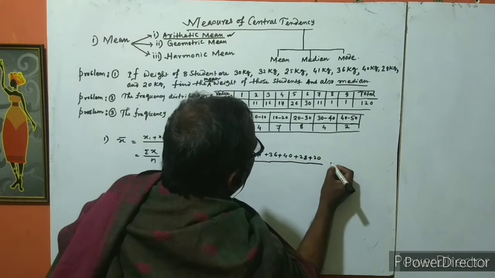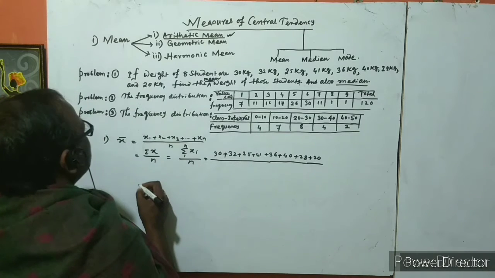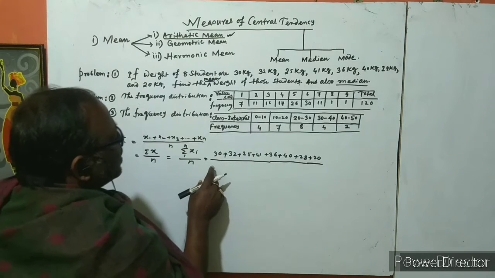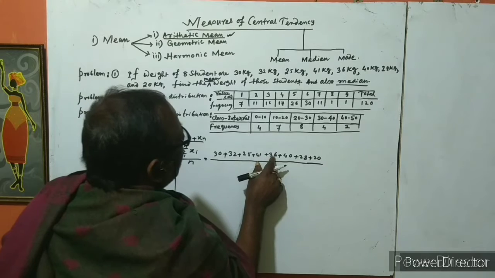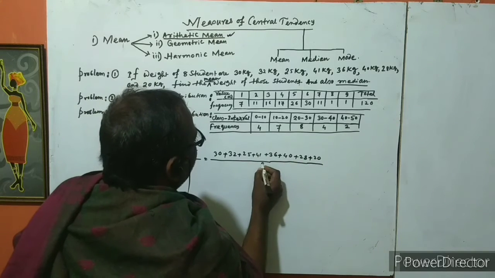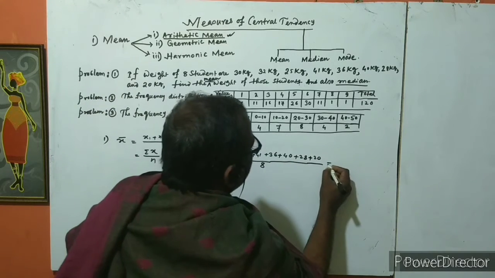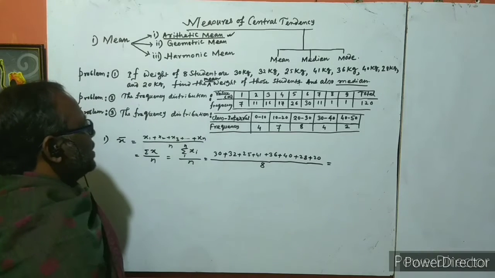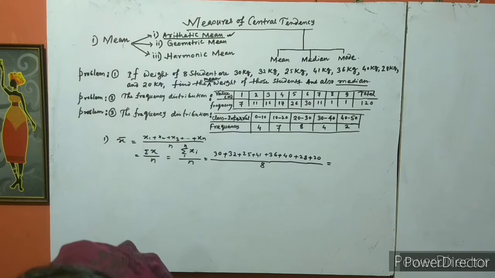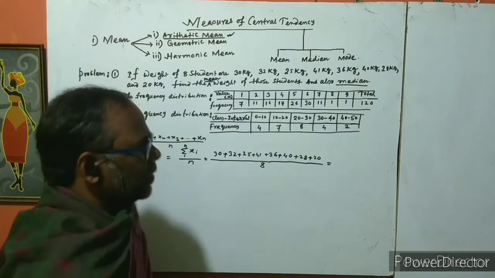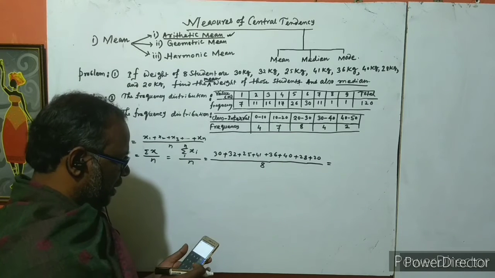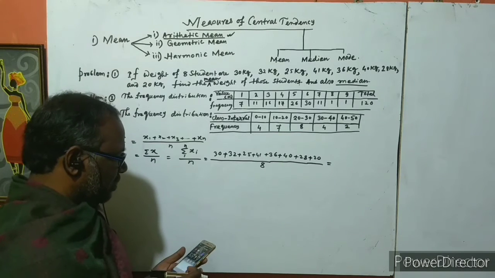This is the average in kgs. Now how much data are there? 1, 2, 3, 4, 5, 6, 7, 8. Divided by 8, then we get the answer, which is called the average, the arithmetic mean. For simple data, this is called a simple series.